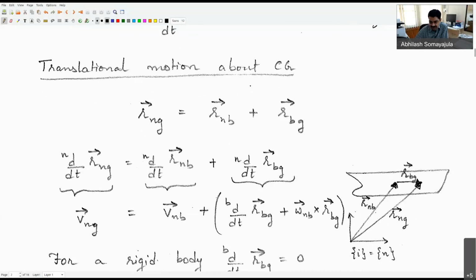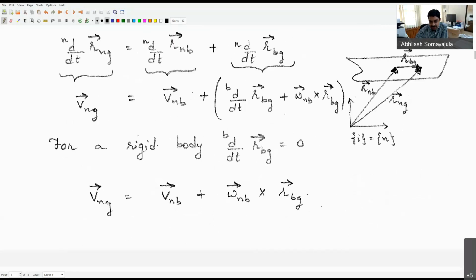So it's a vector triangle, and we differentiate it and apply the idea that we can express the derivative in the n frame in the body fixed frame, and that's when we get these quantities. We observed that this quantity was 0 because in the body fixed frame, the location of the center of gravity does not change with time.